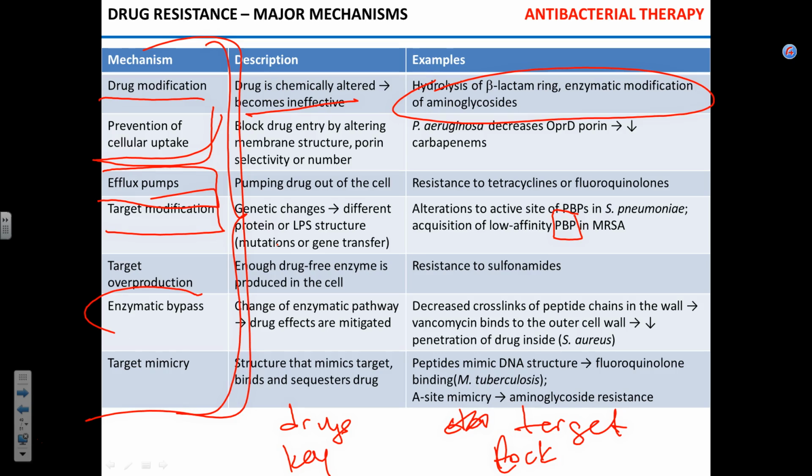Enzymatic bypass. That's what we discussed in relation to TMP-SMX as well. As the adaptive mechanism, a microbe can develop a different metabolic system that will work as a detour, right? Does that make sense?